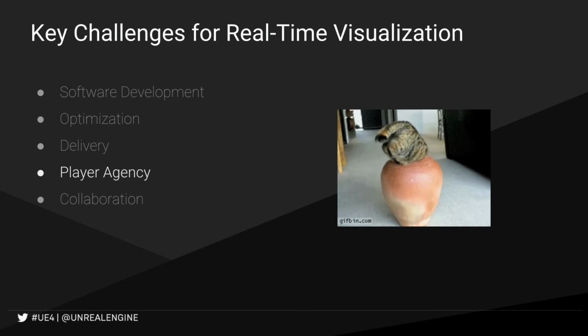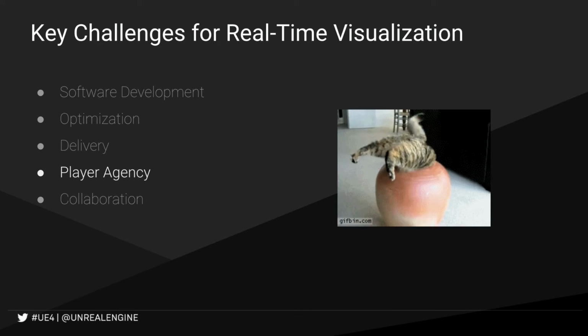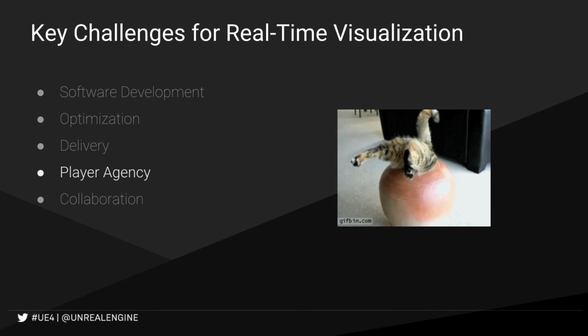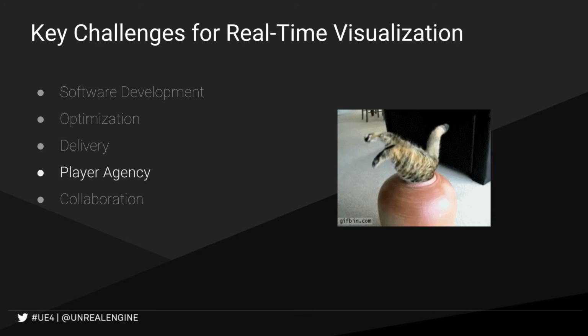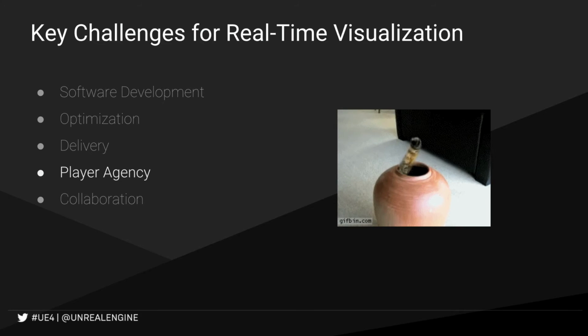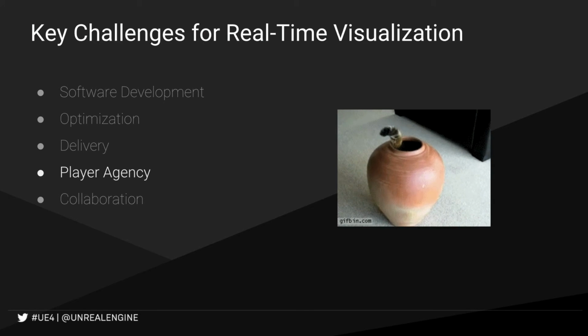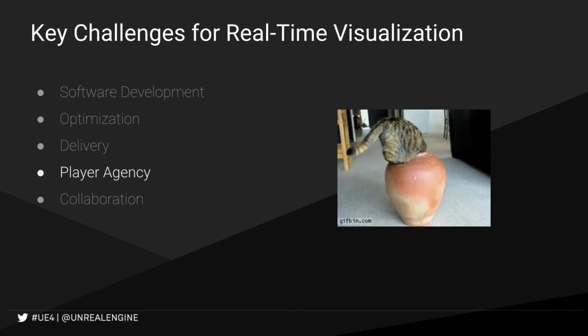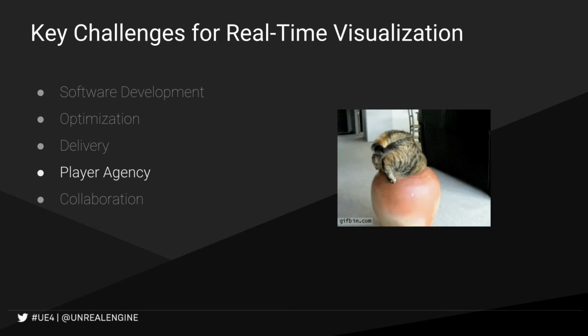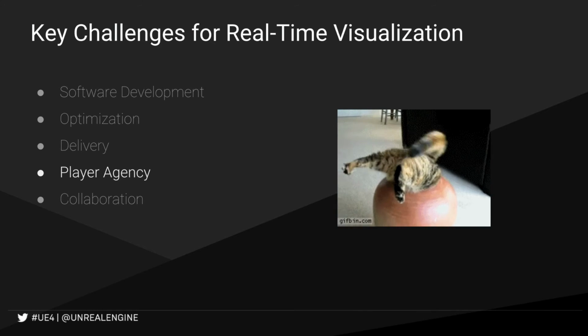And of course, one of the biggest issues is player agency. Like this cat, your players are going to go everywhere. They're going to look at every corner because they can. People love to explore. And when you give them the ability to explore an interactive environment, they will do exactly like this cat does. They're going to look at every corner and open every closet that they can find.